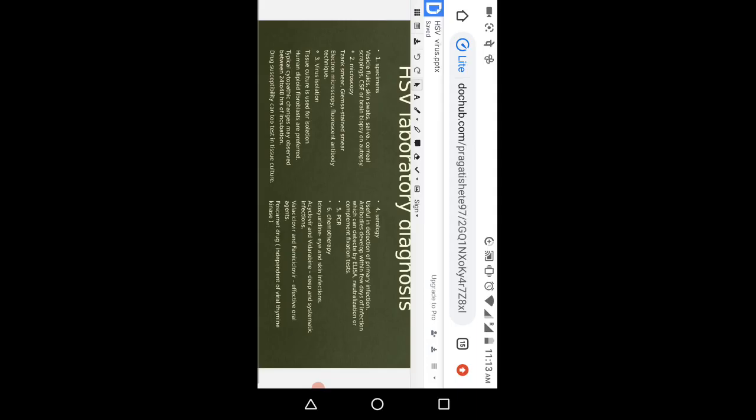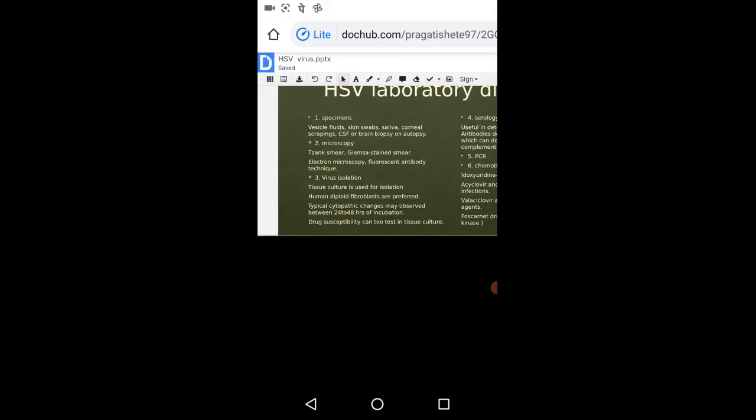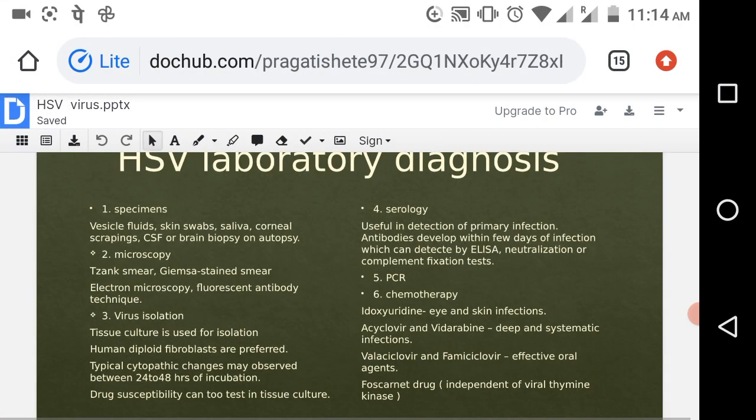As we have taken the lesion sample for the Tzanck smear, in a similar way we can use that sample to determine the antigens. And we can observe under the electron microscope. Then we can also observe using the fluorescent antibody technique, right?